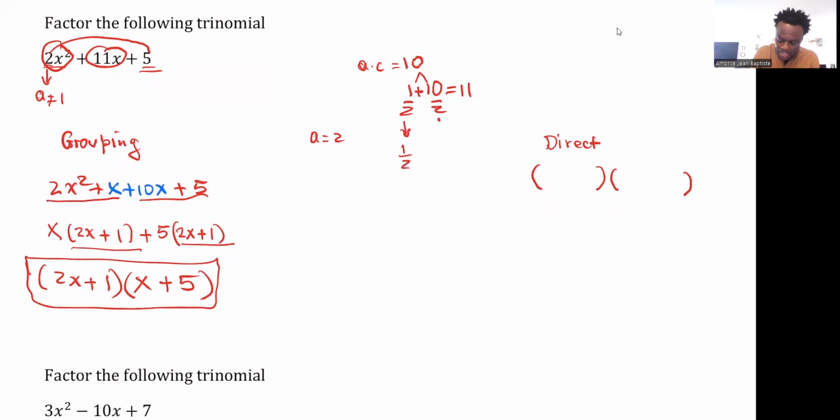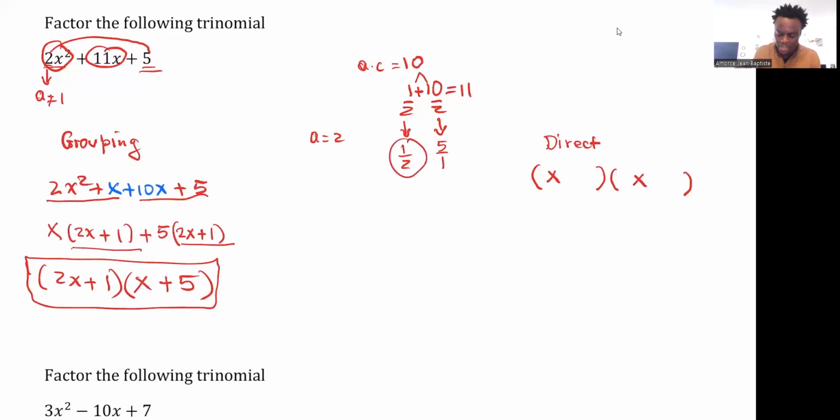But this one here, I can simplify it. So 10 divided by 2 is 5, but I want to write it as 5 over 1 because we're going to use the numbers at the bottom as the coefficient of x for each part of the factored expression.